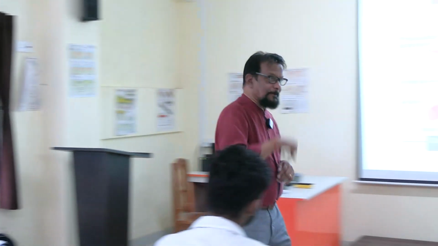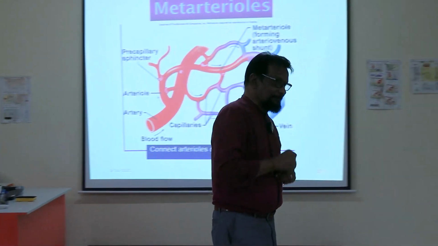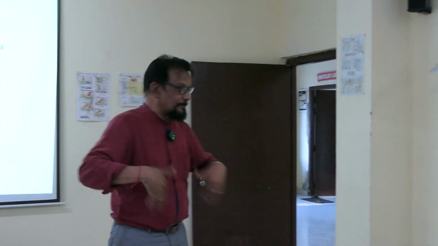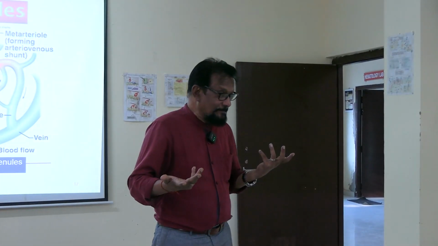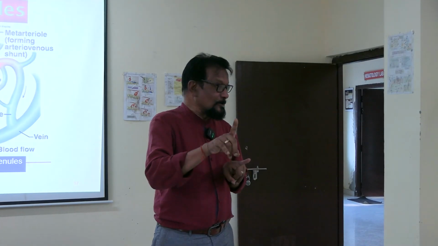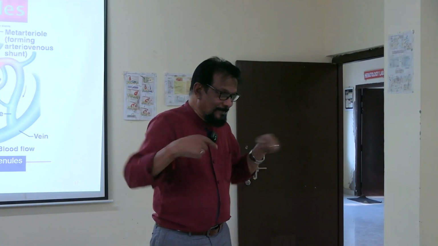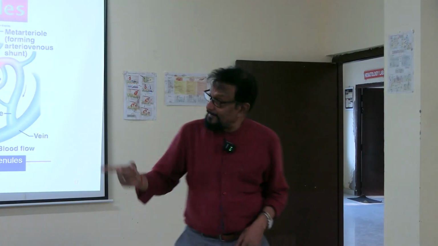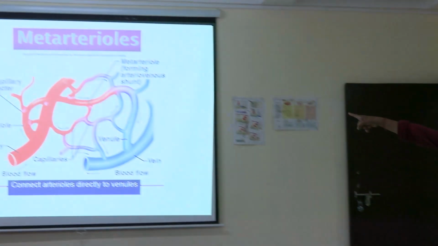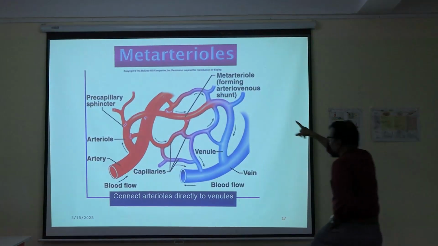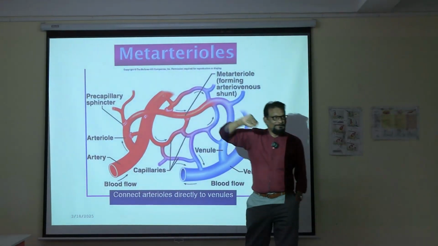Before that, my hypothalamus will do two things: increase the formation of sweat secretion and increase the circulation of blood to the skin, and they will take the major part.